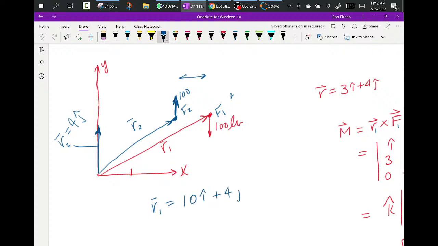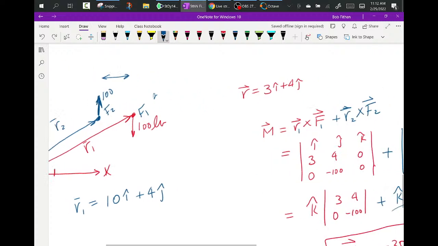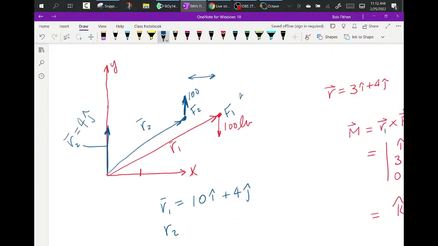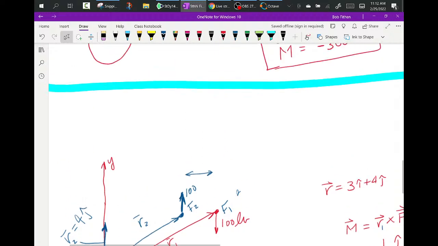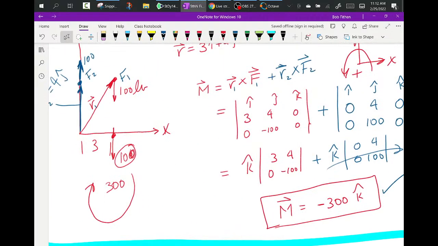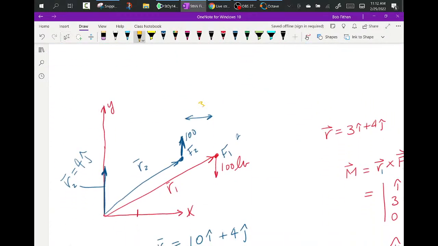I think it was still 4j, so I want to keep my 4 here, although it plays no role. And my R2 now has a distance over. Now, here's the thing. They were up here, they were 3 apart. In other words, the distance from here to here was 3.